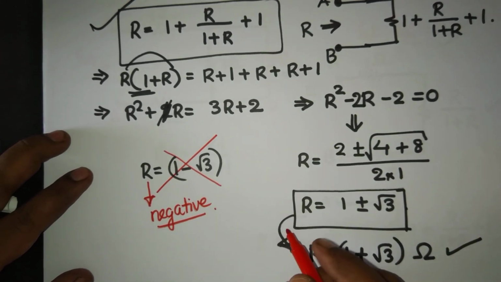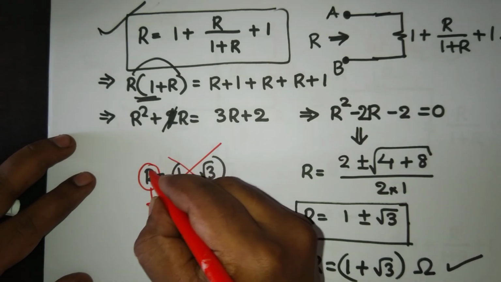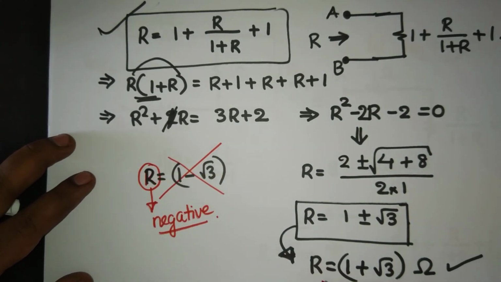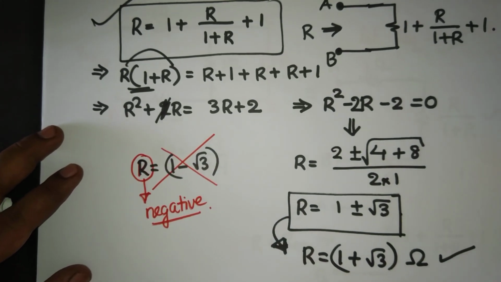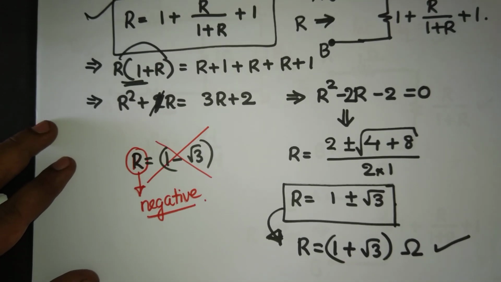If R is negative, then this R is no more a passive component. For R to be a passive component, R must always be positive. Positive indicates consuming, it is consuming energy or power.